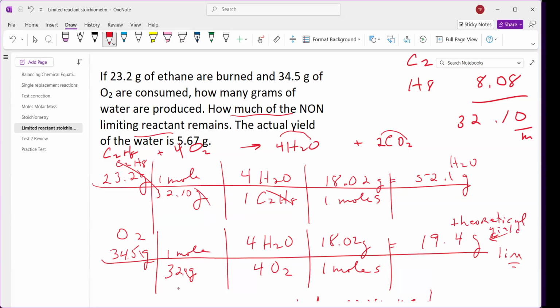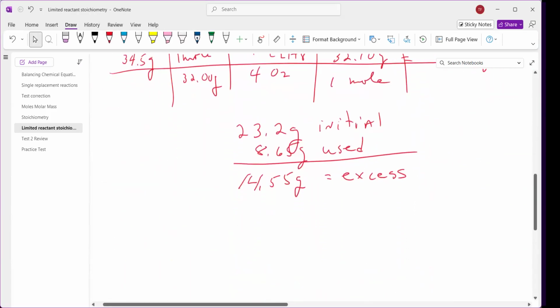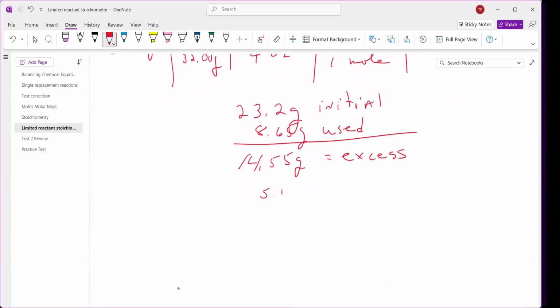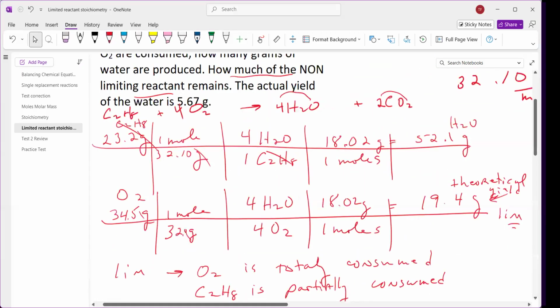The actual is what really happened. So we got 5.67 grams actual. The theoretical was 19.4.